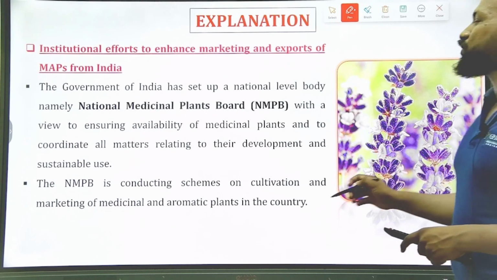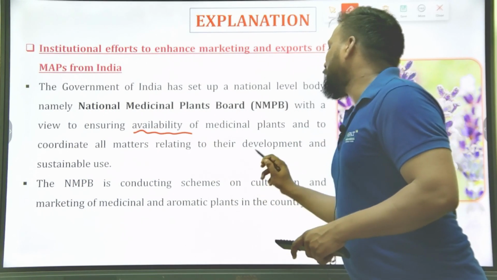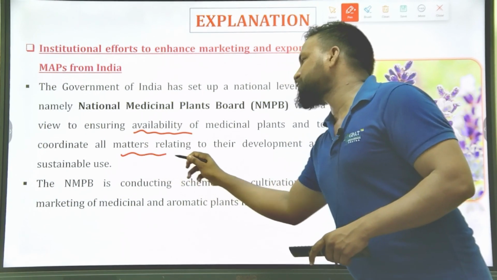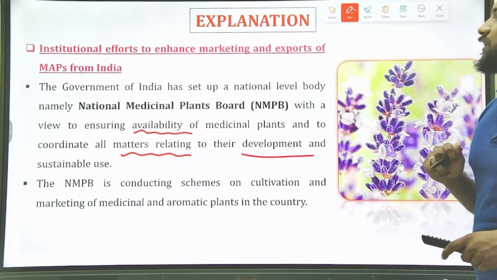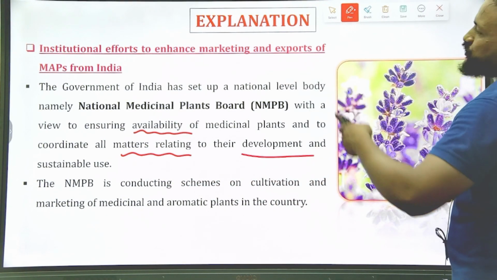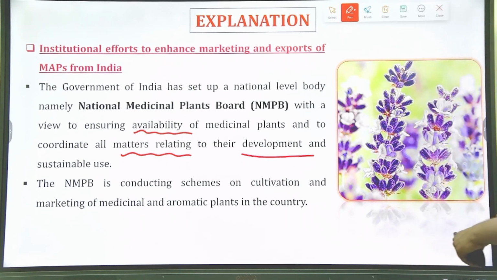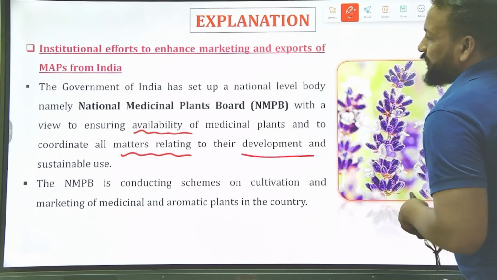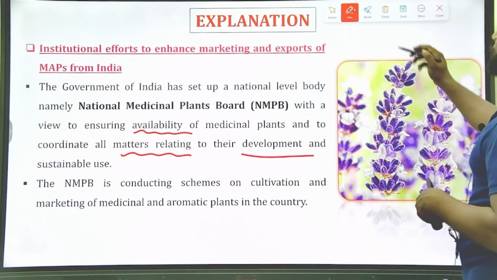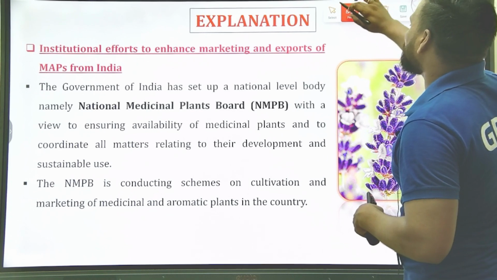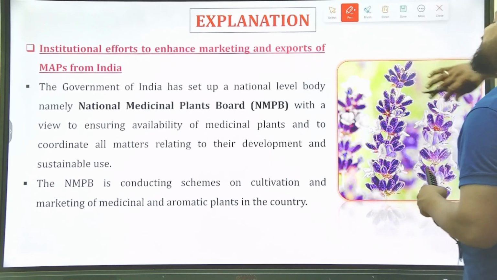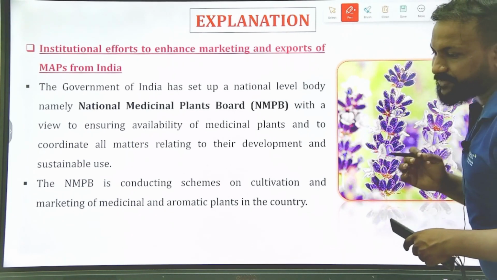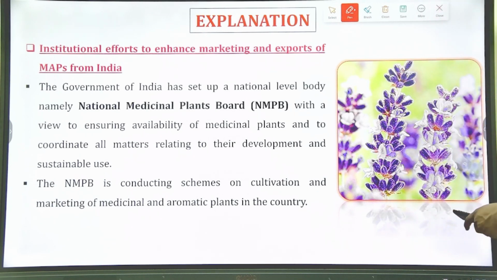To ensure the availability and also to coordinate all matters related to development, institutional efforts to enhance the marketing and exports of MAPs from India. Clear? So Indian government has set up NMPB. Next question.